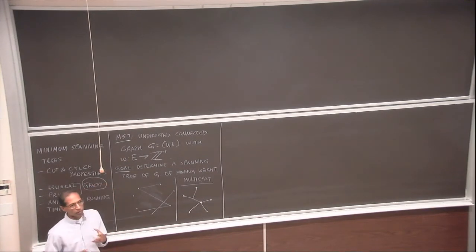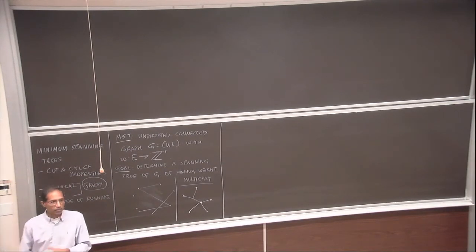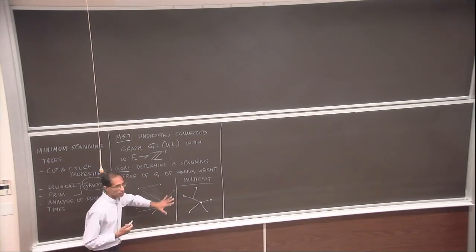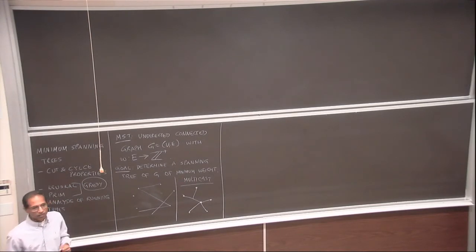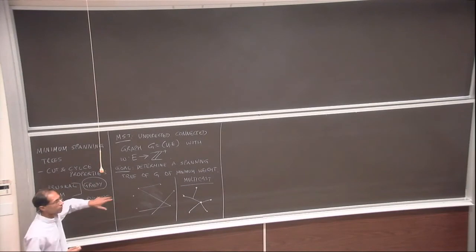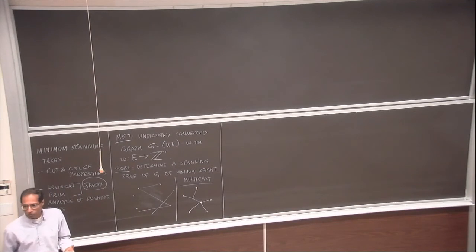More often, minimum spanning trees occur as sub-problems within other problems. And the Kleinberg-Tardos book has a number of different examples where minimum spanning trees come up again and again, so I urge you to look at those. But as I mentioned, in addition to their applications directly, this problem has been studied for about 100 years. It's also an excellent tool for understanding greedy algorithms, for understanding graphs, for understanding proofs about graphs.